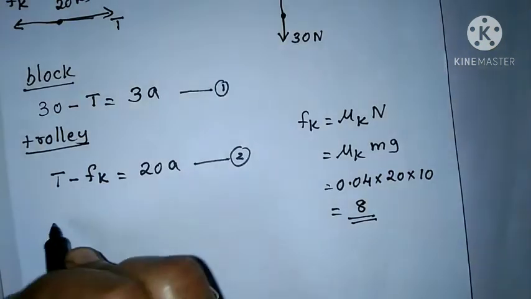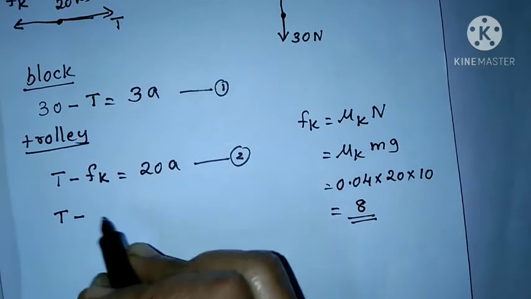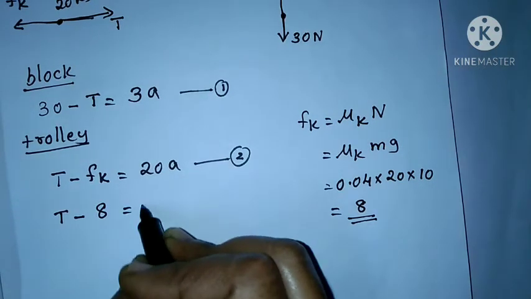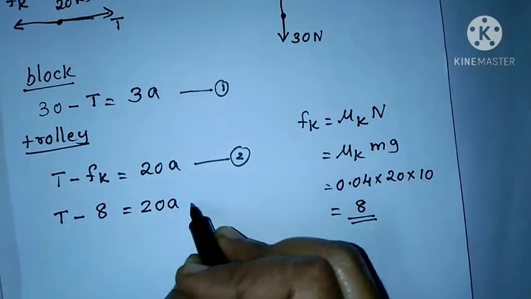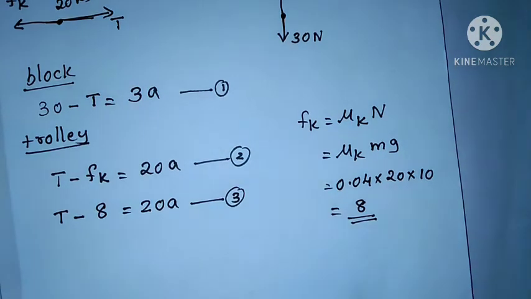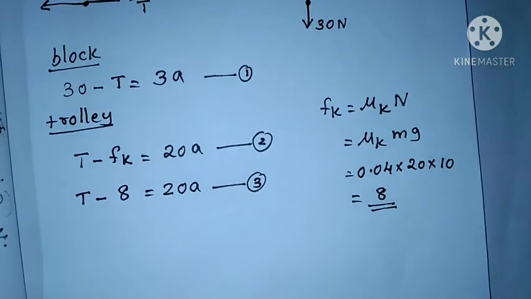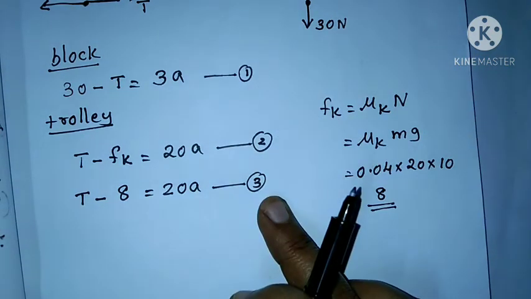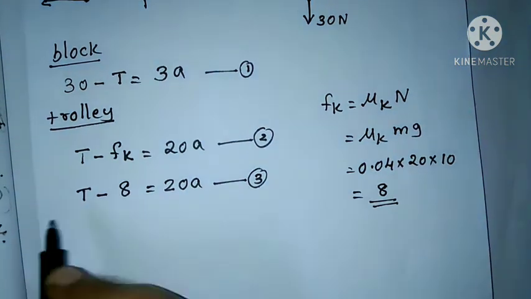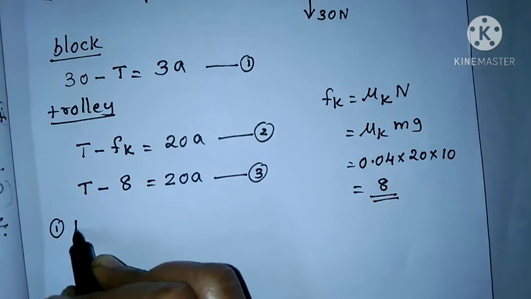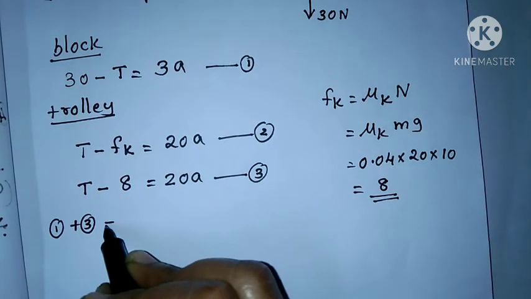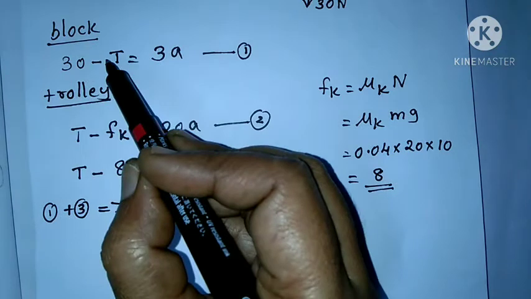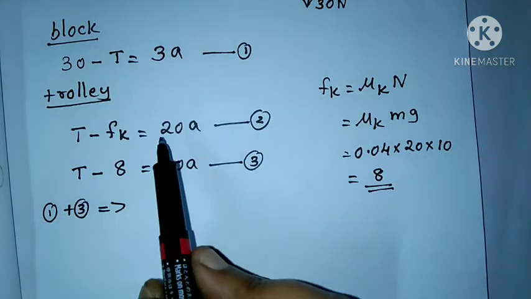Then we substitute here: T minus 8 equal to 20a. Take it as equation number 3. Then we add equations 1 and 3 to get the value of a and T. Adding 1 plus 3, minus T plus T cancels.